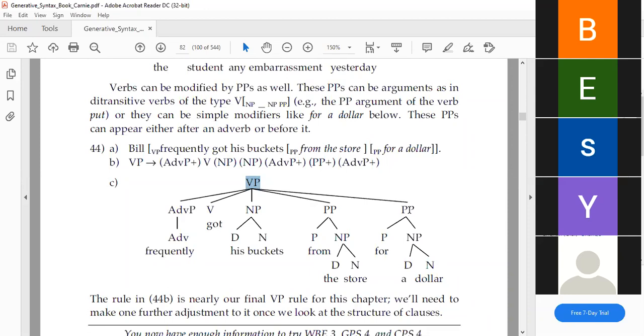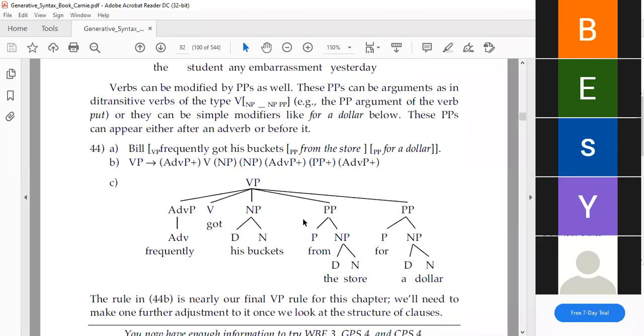So we need to be careful. If the PP modifies the verb, it is under the VP. If the PP modifies the noun, then it must be under the NP. In this case, from the store and for $1 both modify the verb. But imagine, what if I give you this sentence? Consider this sentence.